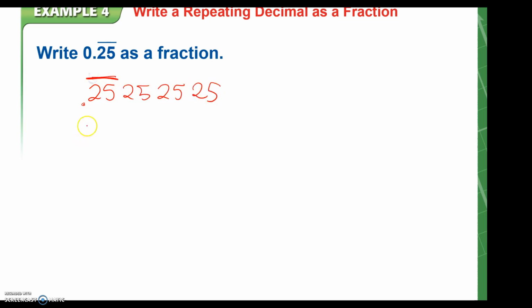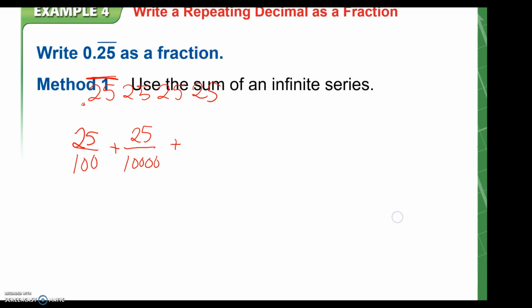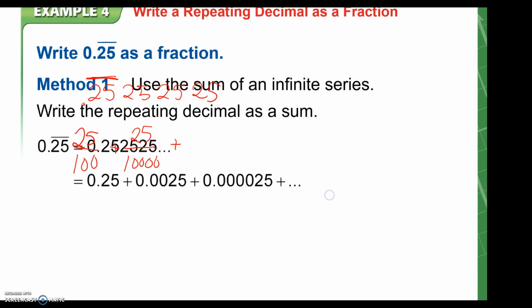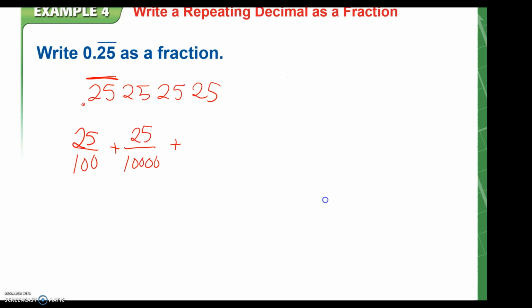So we could write this as 25 over 100, because this is the hundredths place, plus 25 over 10,000, and then keep going on with our repeated decimals. And that would keep going. So this is a sum.